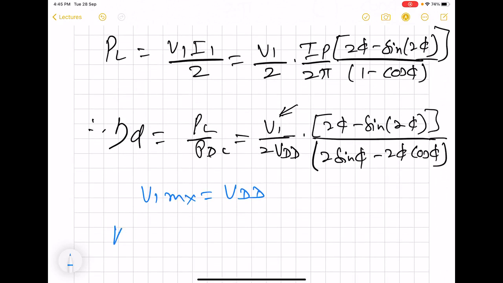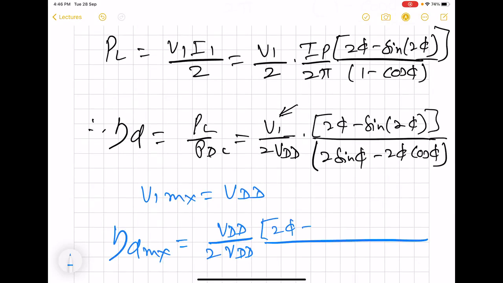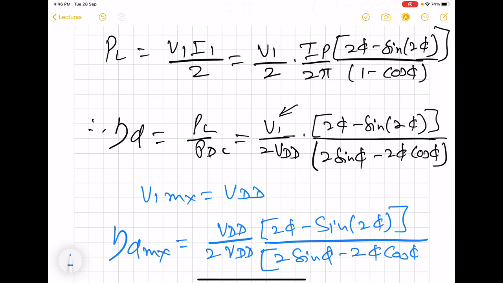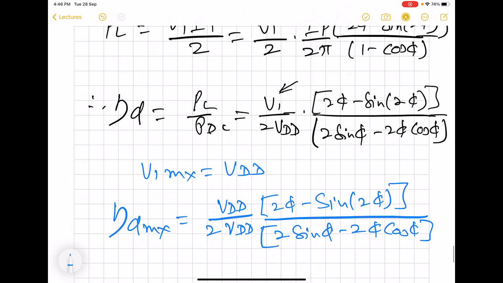So when we try to find out the maximum of this, we take VDD by 2 VDD, and rest factor remains same. But there is a catch here, which I will point out. So this is not straightforward. There is an issue here.